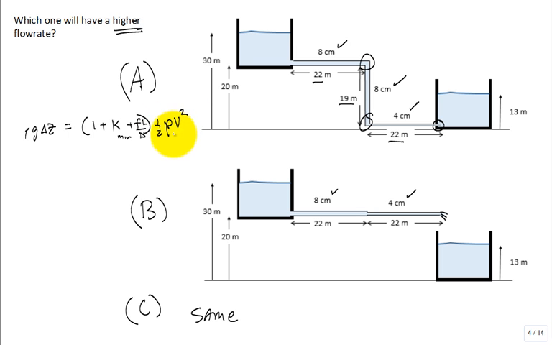Now, I would probably do it with the V that you're solving for, the V at the 4 centimeter pipe, and they both have discharge out of a 4 centimeter pipe. One is submerged, one is not submerged, okay?